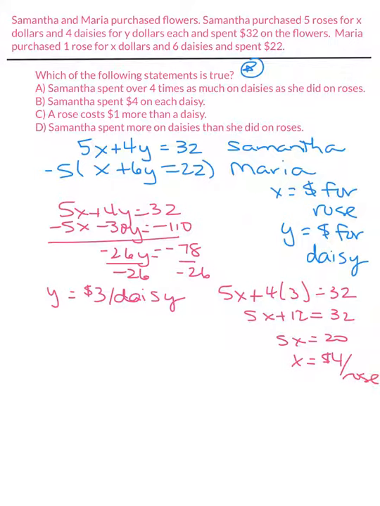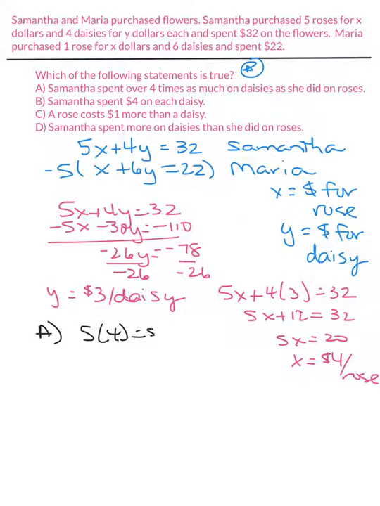So now that we have our values for each, we can look at our multiple choice questions and see what we can eliminate or what we're confident is correct. It says in letter A, Samantha spent over 4 times as much on daisies as she did on roses. So let's look at that. We have to do a little math on that one. Let's say Samantha bought 5 roses for $4.